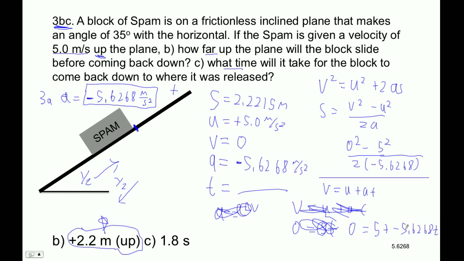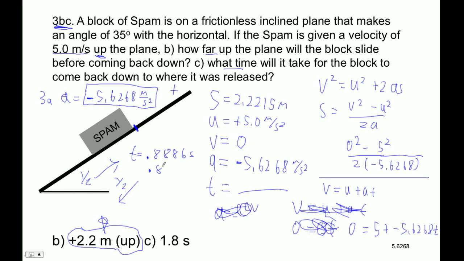So it's negative 5 divided by negative 5.62, whatever. And I'm getting that the time to go up is 0.8886 seconds. That's the time up.